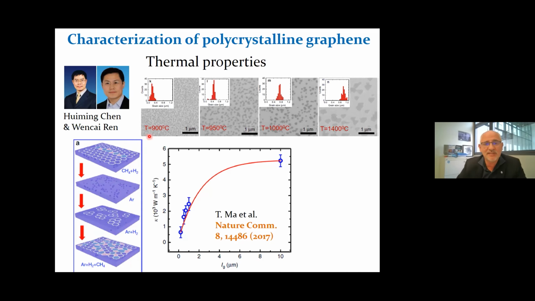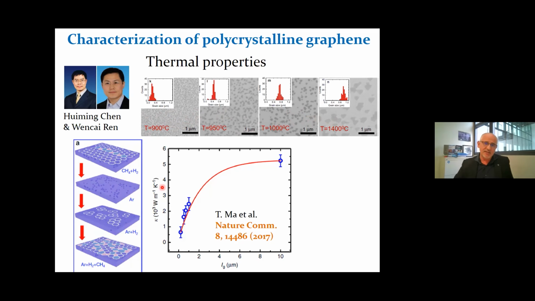So this is really spectacular. I think that this is almost the only work I know in which they could go to a few nanometers average grain size. And here you see an example of how, by changing the temperature, they increase the grain size.